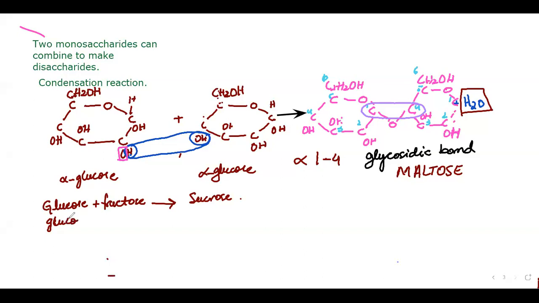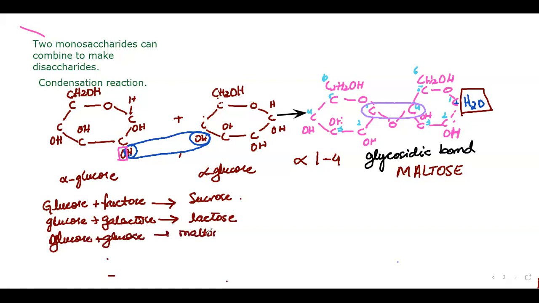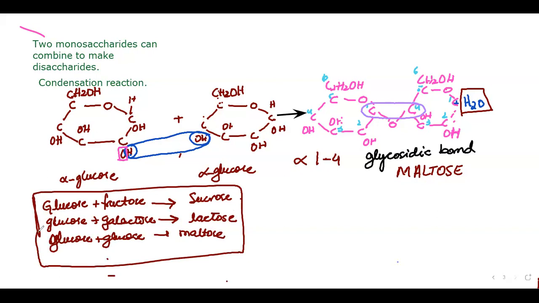If glucose combines with galactose, the disaccharide formed will be known as lactose. If glucose combines with glucose, we get maltose. So we have three disaccharides: sucrose, lactose, maltose.